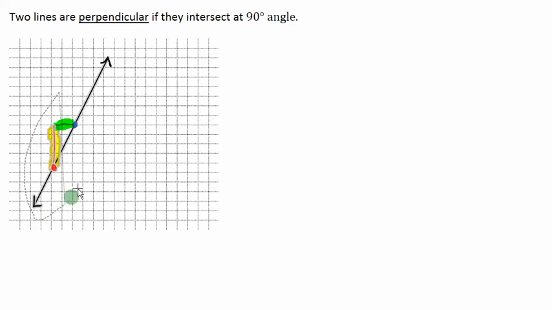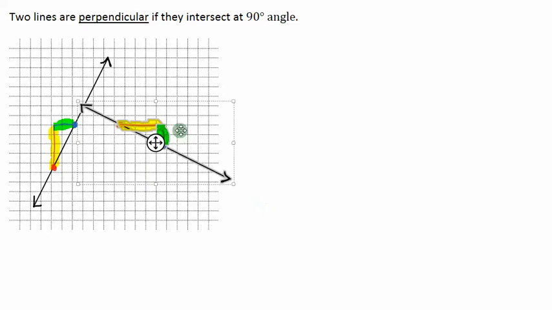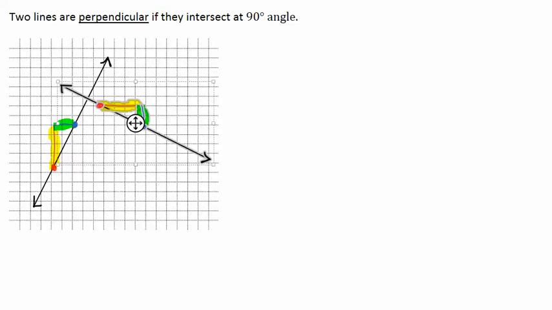So again, I'll use the software to help me out. Now, this is not a perpendicular line, but if I were to rotate that line 90 degrees, now the line is perpendicular to what we started with. So let me show that now this is a 90-degree angle. So this line's perpendicular.